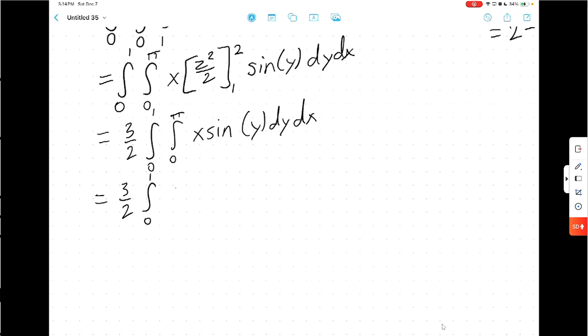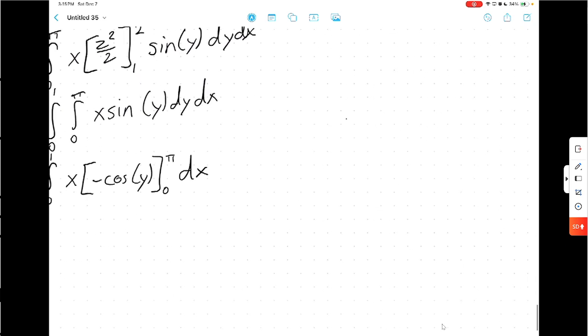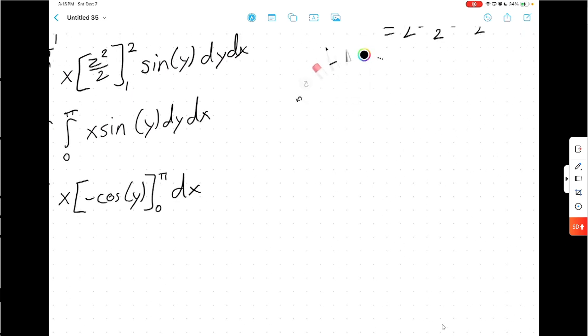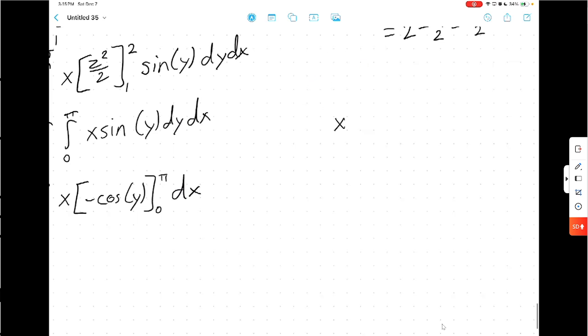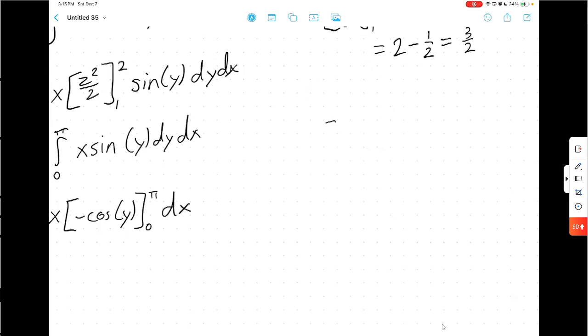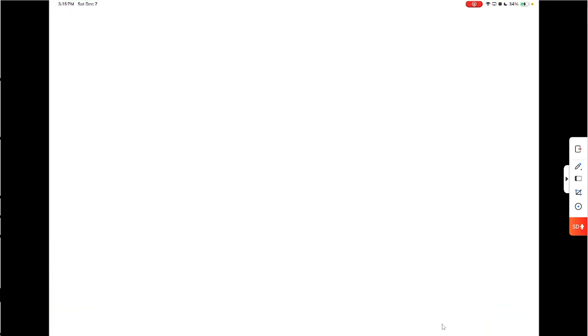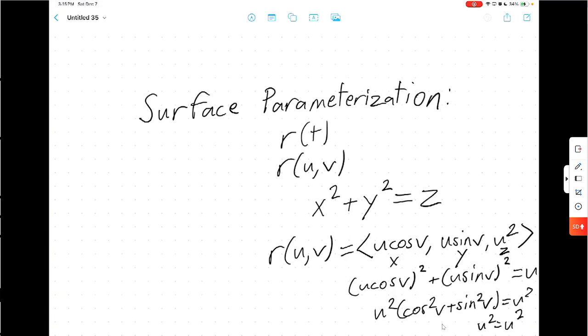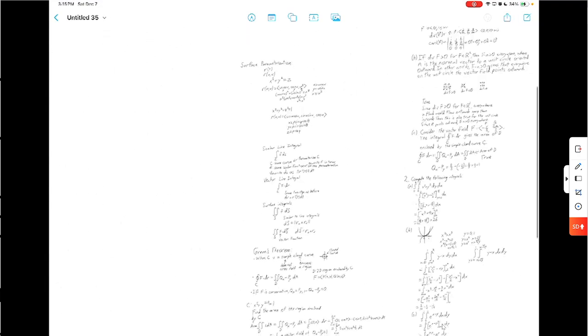And the y is going to become x times negative cosine of y, evaluated from 0 to pi. Negative cosine of y. Damn it. Okay, we're back.